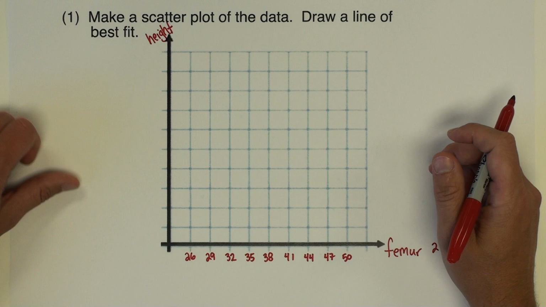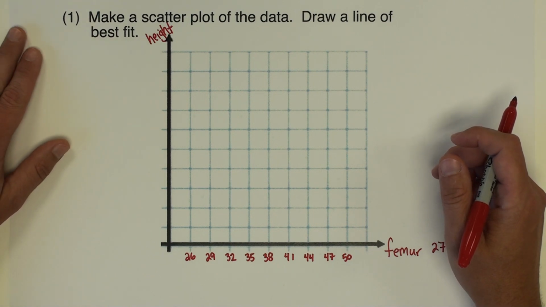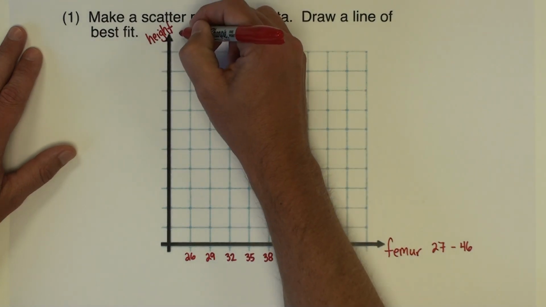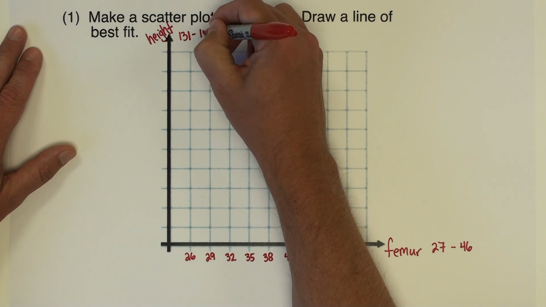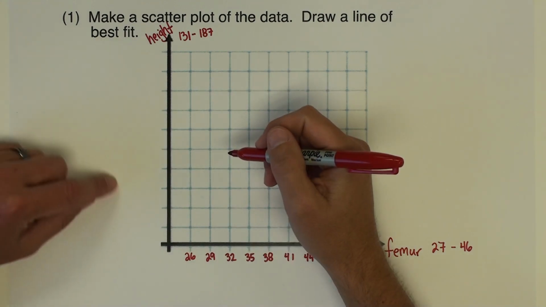And the height of the individuals in the sample looks like they're ranging from 131 to 187. That's a difference of about 56. So I think I'm going to need to go by maybe sixes to fit everything in here.